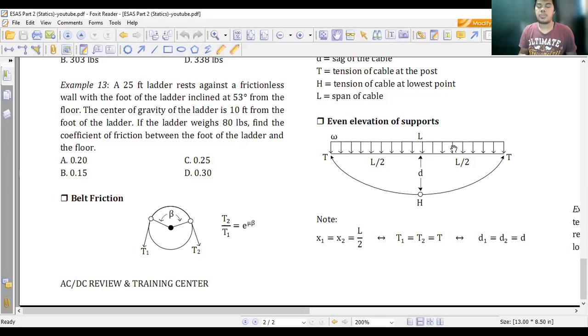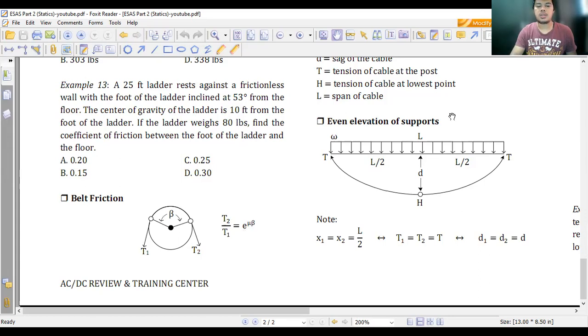Usually in heavy lifting applications, the workers tend to wind the rope around the roller a number of turns. Each turn constitutes 360 degrees. So take note, we use beta here as radian, not the degree value, but the radian.